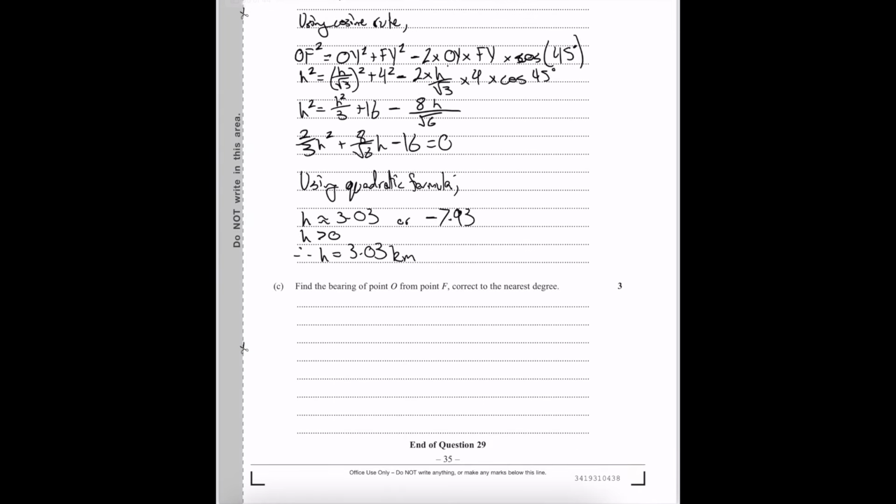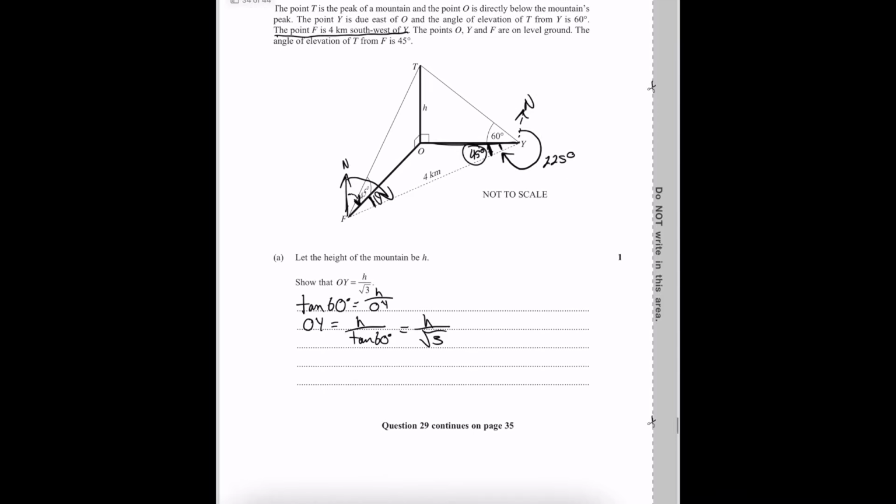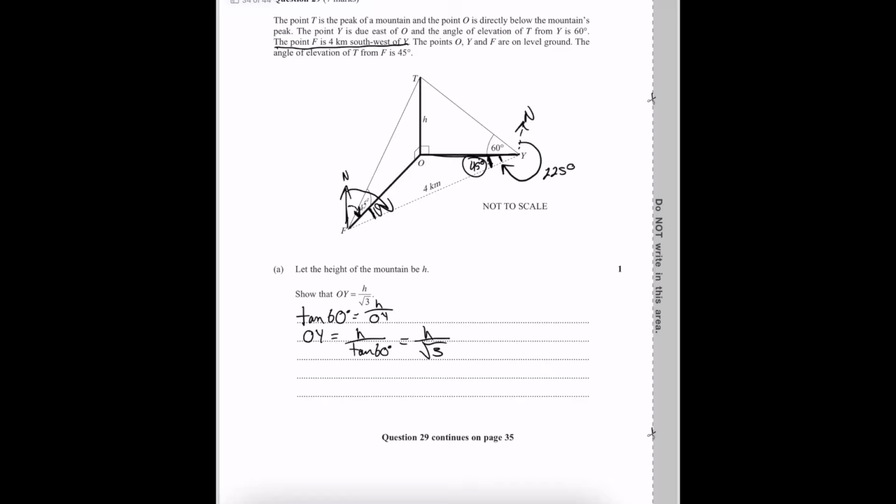So what we can say is, using the sine rule, let's call this theta. So we can say sine theta over OY is equal to sine 45 over OF.